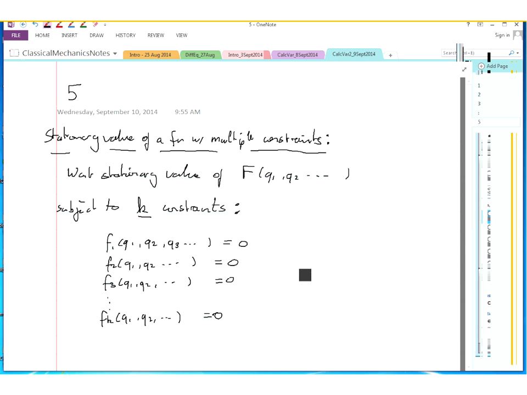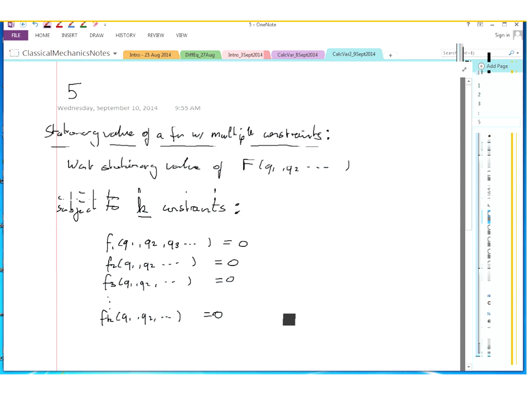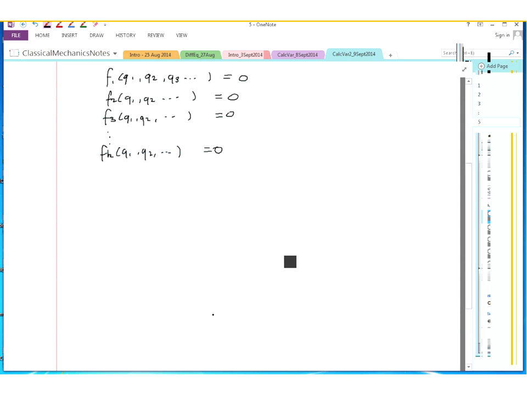Again, you could have a classical mechanics problem where there's more than one constraint between the variables. Maybe the bead is supposed to be on a circle, and that circle moves in a well-defined way. And so then there's more than one constraint. Okay, so how do we handle this? Well, very much the same way.